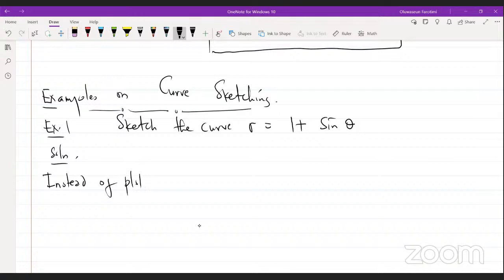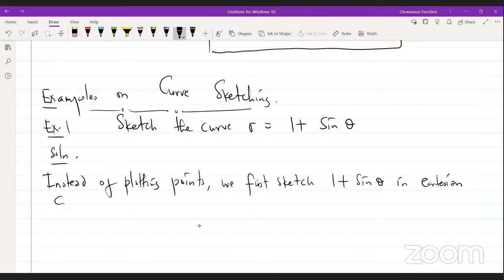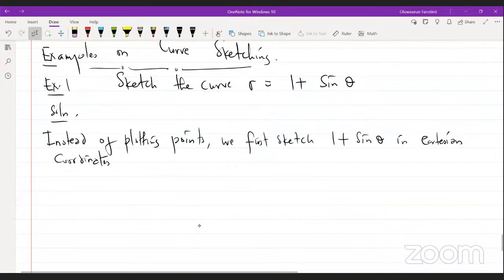So instead of plotting points, we can first sketch 1 plus sine theta in Cartesian coordinates. Okay, so this is just like curve sketching, guys, which is like college algebra.